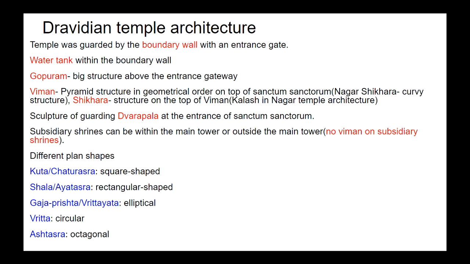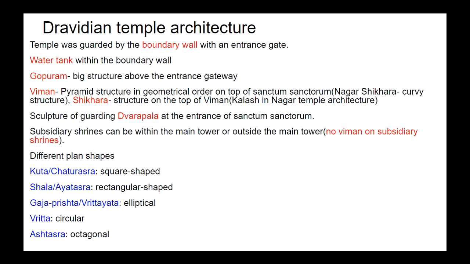Different plan shapes. The Dravidian style temple architecture plan shape is divided into five different plan shapes. By plan shape, I mean the ground plan of temple design. So one is Kuta or Chatursra.